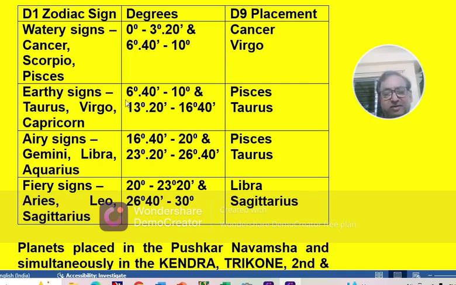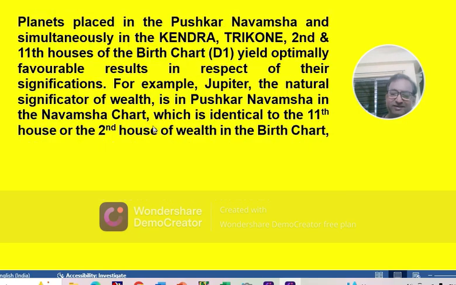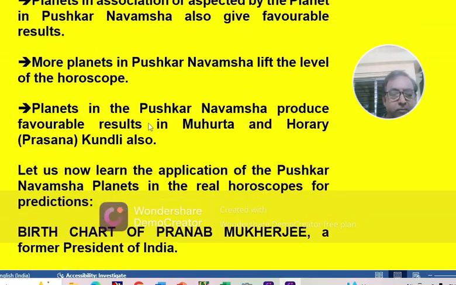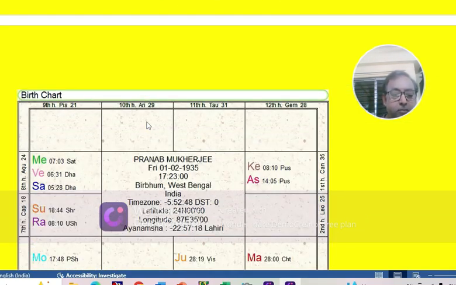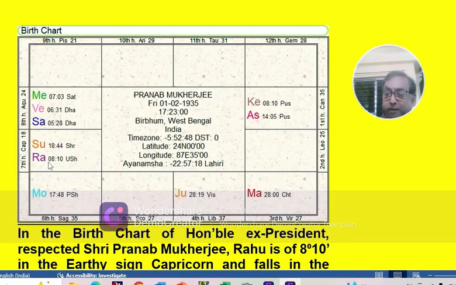And what is the degree span of Pushkar Navamsha? 6 degrees 40 minutes to 10 degrees. And Rahu is at 8 degrees 10 minutes, so it will go to Pisces Navamsha, isn't it? Rahu is in Capricorn sign at 8 degrees 10 minutes, so it will go to Pisces sign in the Navamsha Kundli.